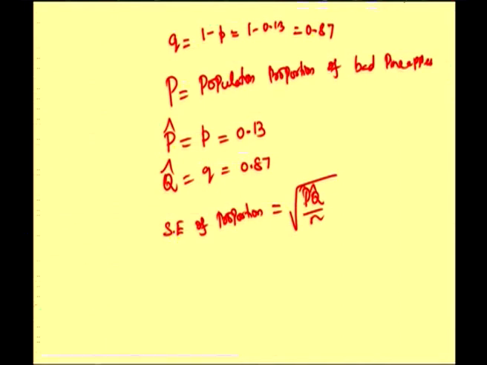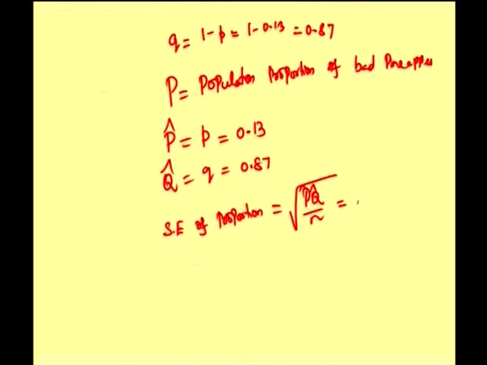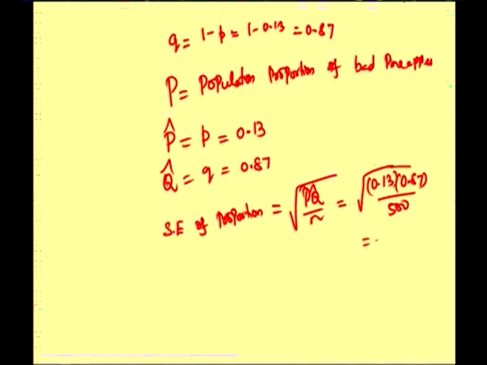Cap values means capital P cap and capital Q cap, which are called estimates of the population proportions. So, this is equal to root of 0.13 into 0.87 divided by 500, and this value comes to be equal to 0.015. Now we have the answer for the standard error of the proportion of bad pineapples.